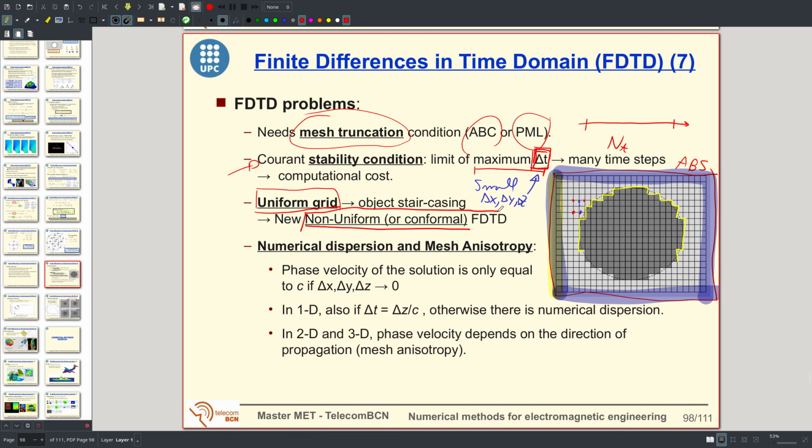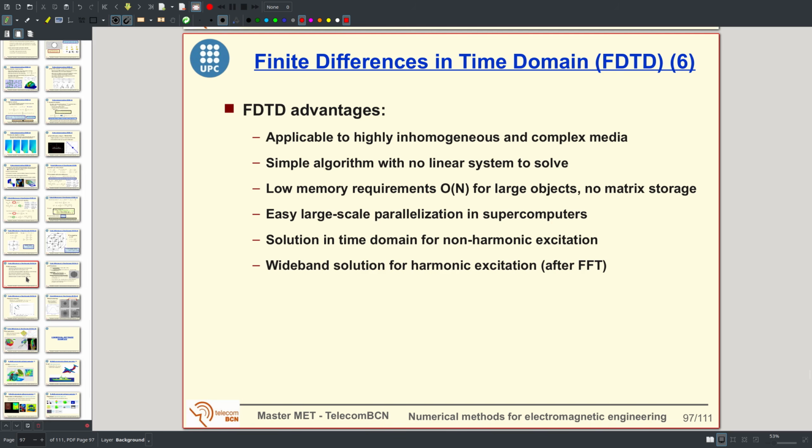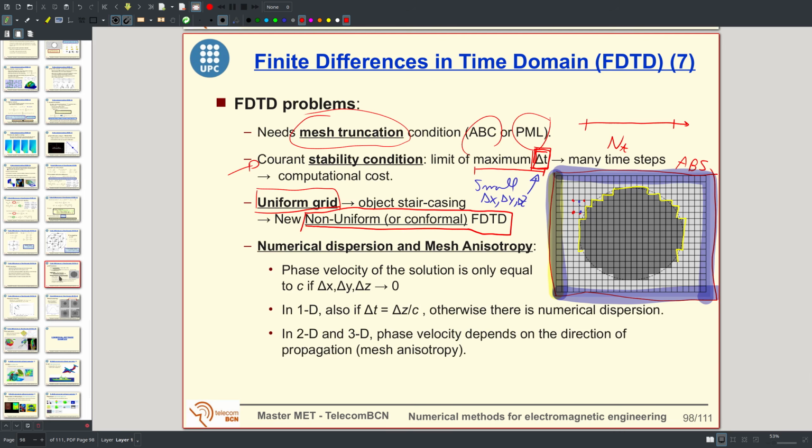They are similar to finite element method in using non-uniform cells, so they use cells that are non-uniform, but the procedure is still in time domain and iterative, so it is a kind, let's say, of non-uniform finite difference time domain method.